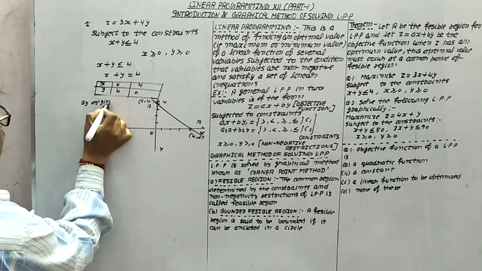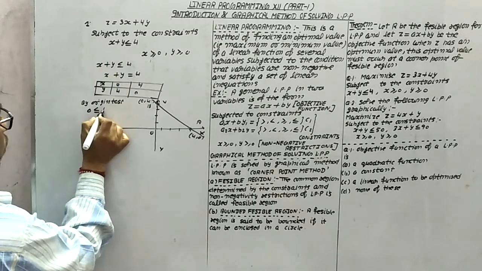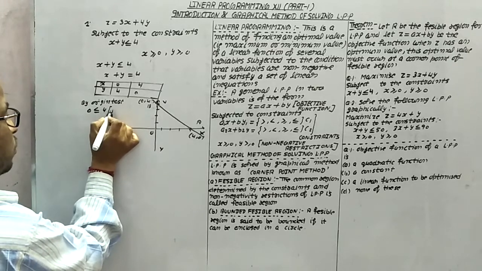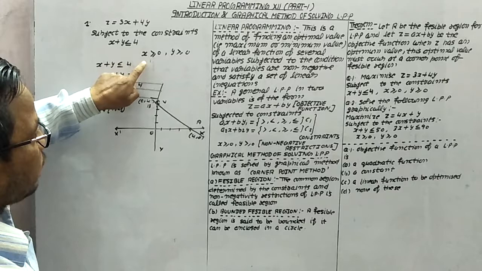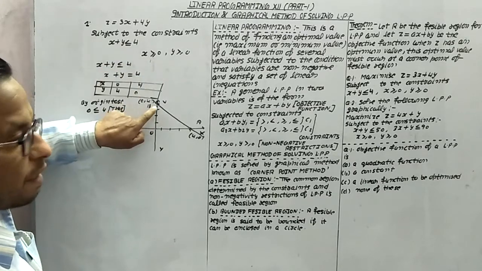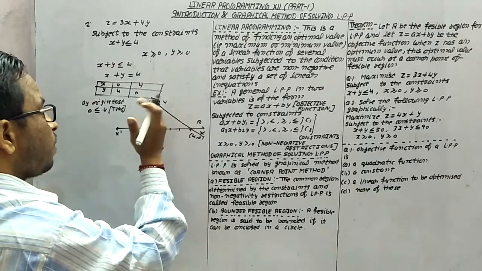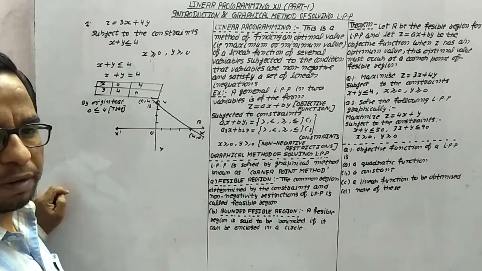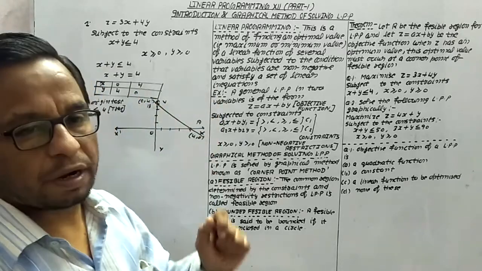We are observing that 0 is less than or equal to 4, which is true or false? This is true. And x greater than or equal to 0, y greater than or equal to 0, the combination of these will provide the first quadrant only, because if x is positive and y is positive, it will lie in the first quadrant.